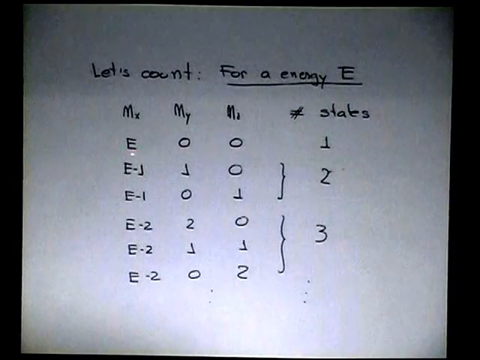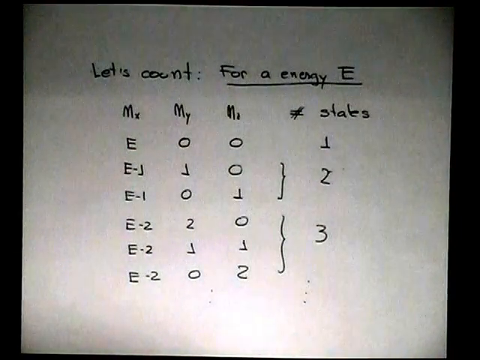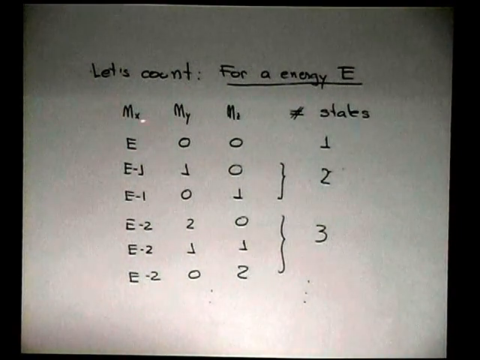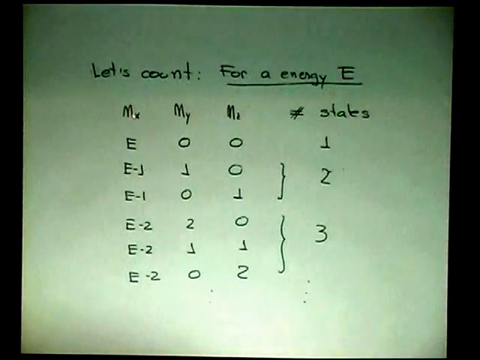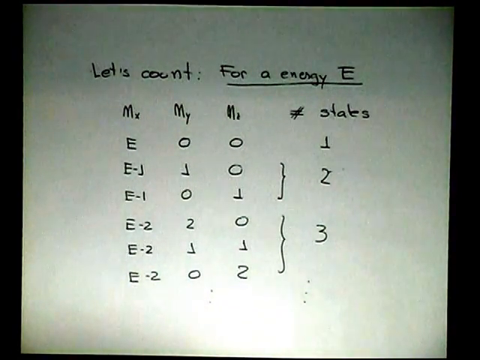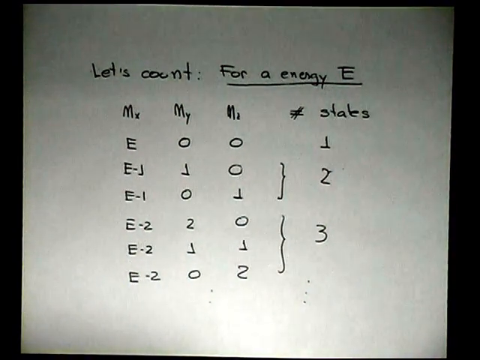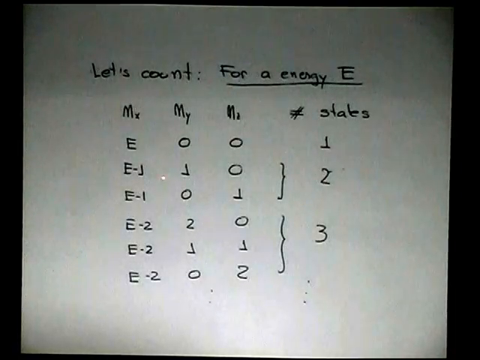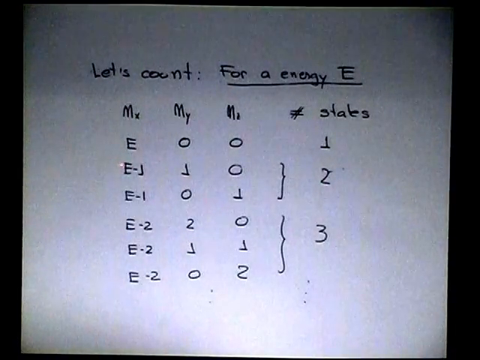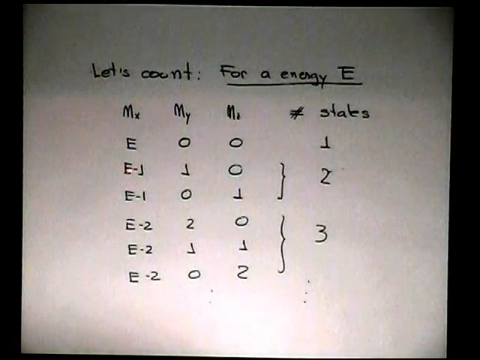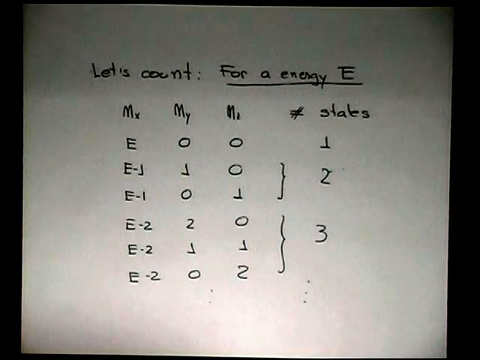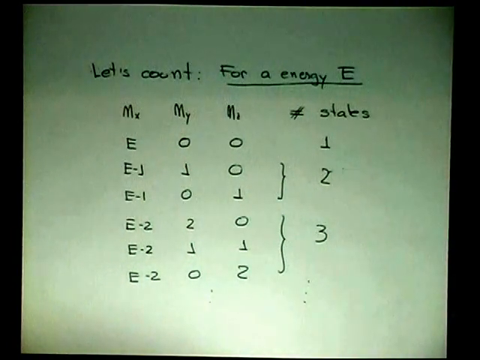Remember, E now can be 1, 2, 3. So I have E, 0, 0, where Nx, Ny, Nz are the quantum numbers for the 3 directions. I'm doing 3-dimensional. But it can be E minus 1, 1, 0. So you can just list all the possibilities, right?